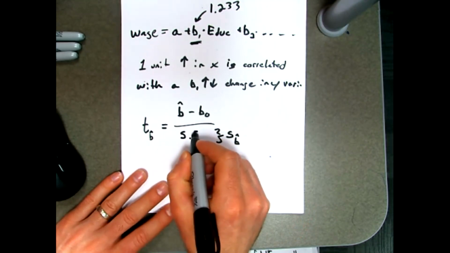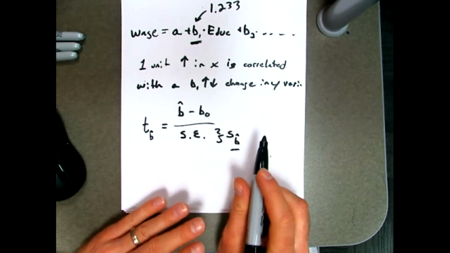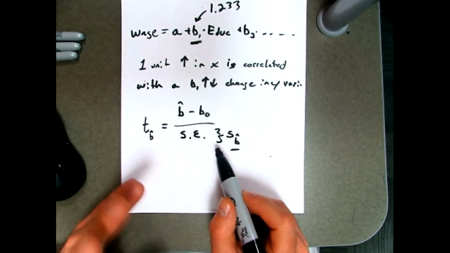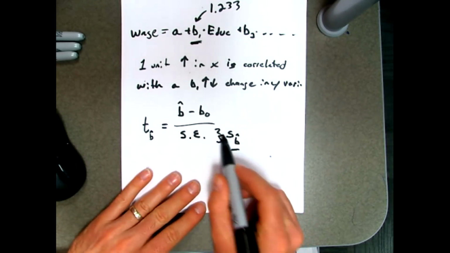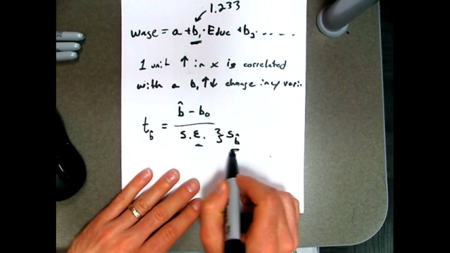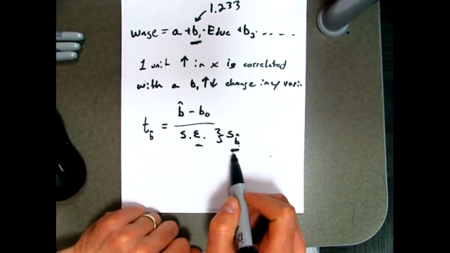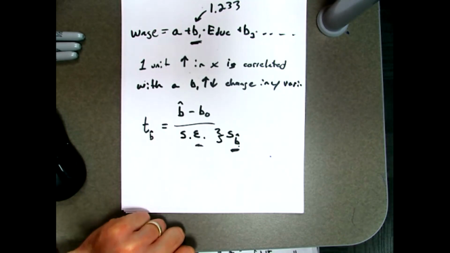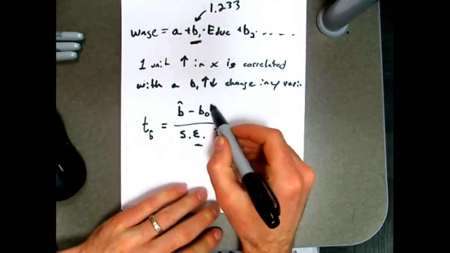Excel gives it to us as that standard error. And there's a reason why we have different terminology, but it's outside the scope of this class. But you can think about that standard error as really like the standard deviation for that slope coefficient estimate that you have. Just like we usually divide by the standard deviation of our sample mean or our sample proportion.